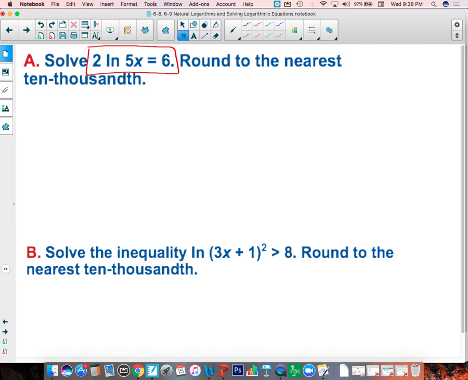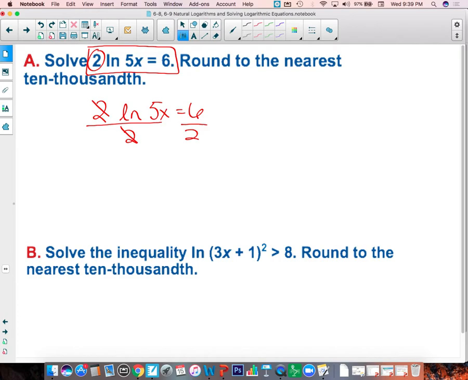So now we're actually going to get a decimal here. I can't turn it into an exponential until I get the logarithm by itself. So that 2 has to go. My first step would be to get rid of that 2, because I can't change it to an exponential until the numbers out front are gone.